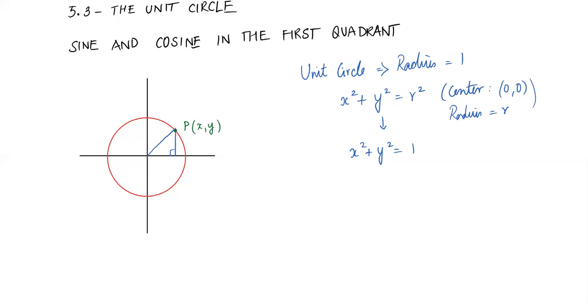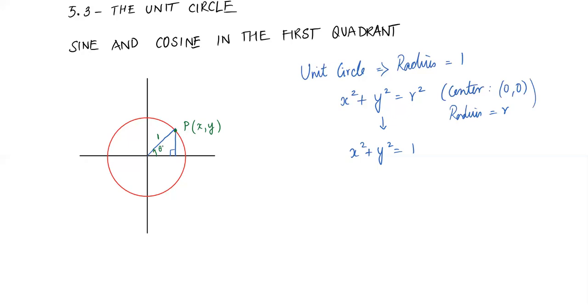Now we know that the radius is 1, so this should be 1, right? That line. And this being 90 degrees, you can see that this could be our angle of interest, theta. So with radius 1 and angle theta in this triangle, we are trying to see how we can measure this angle using x and y.